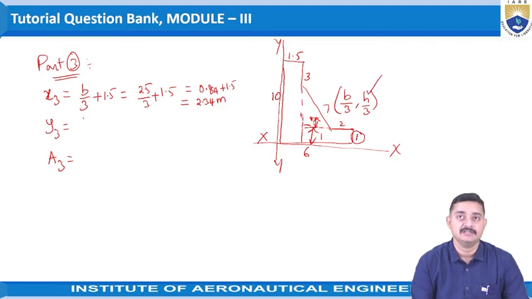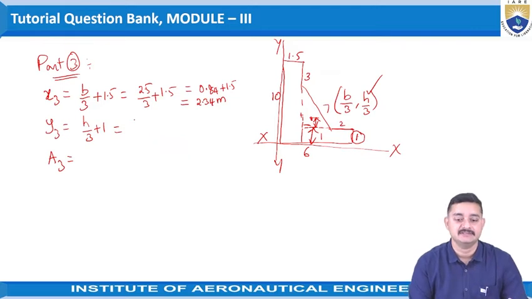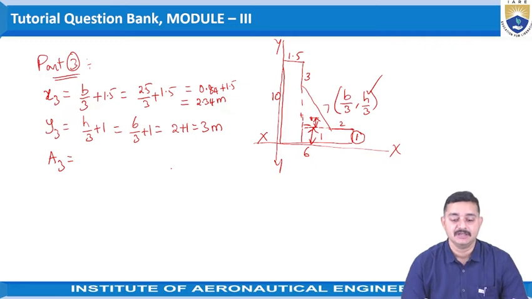So the value is h by 3 plus 1. The h value which we have obtained is 6, so 6 by 3 plus 1, that means 2 plus 1, which gives 3 meters. So this is the y coordinate of the centroid of this particular triangle from the x-axis.